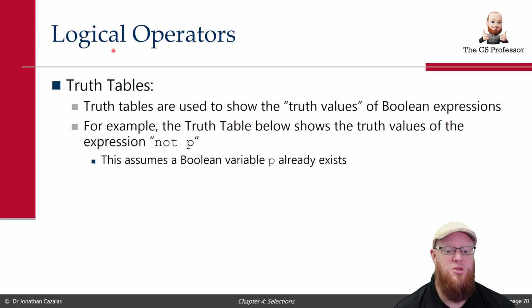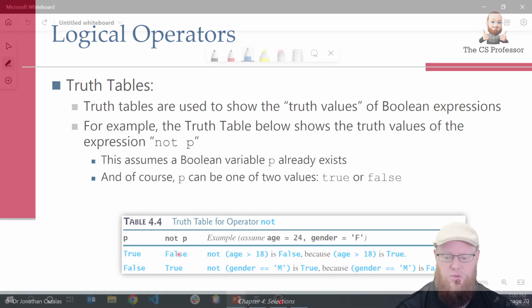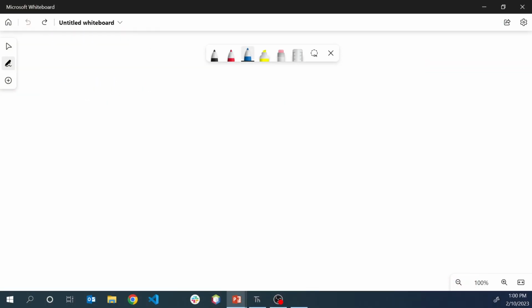As an example, the truth table below shows the truth value of not p. Given a Boolean variable, p, it can be either true or false. Not p will simply give you false or true. It's called a truth table because you would normally depict it here in a table.